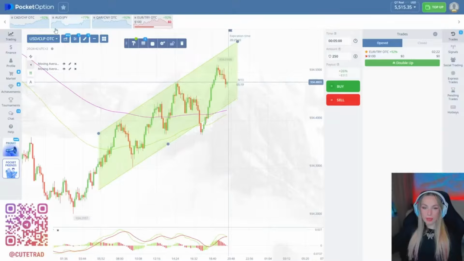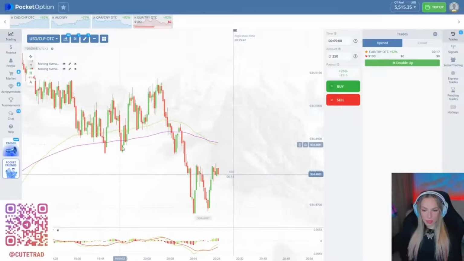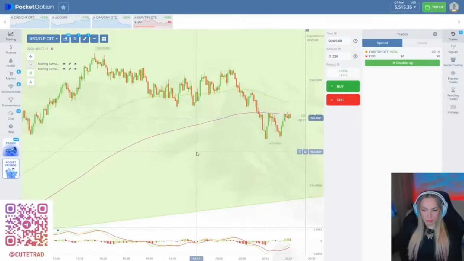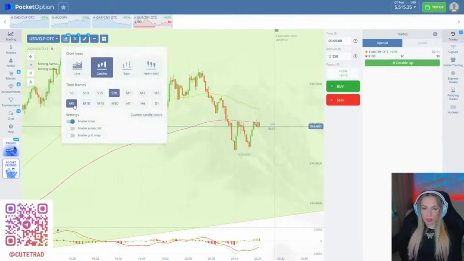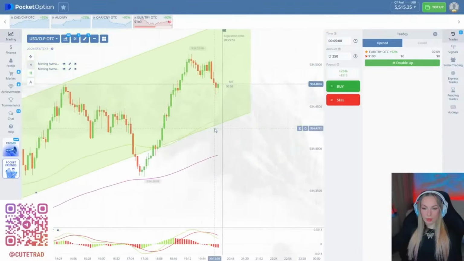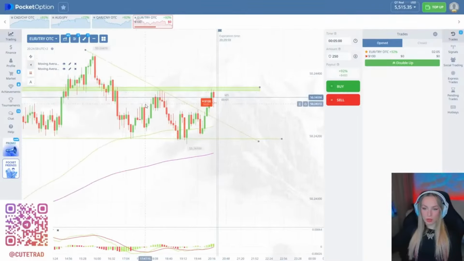Yeah, let's continue. USDCLP is going down to touch the support, but I would love to open here only the trades in the upward direction. What is going on there? This one is still going down. Here we have 2 more minutes to wait.